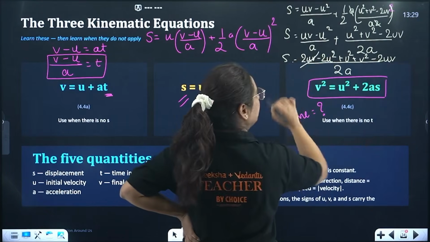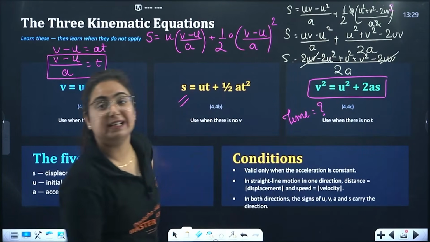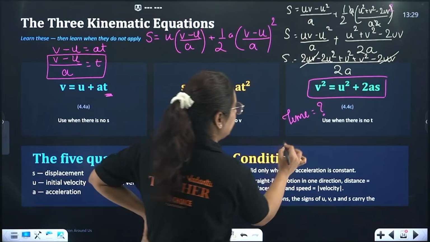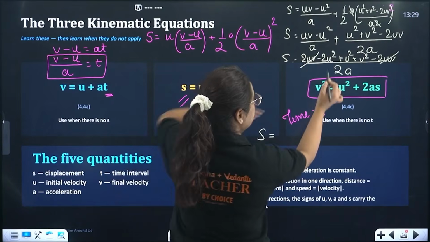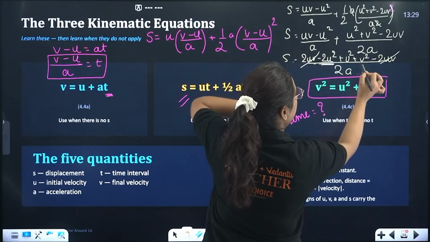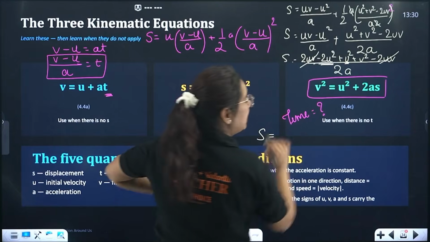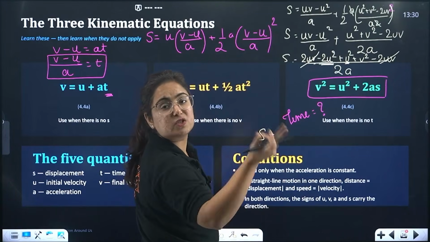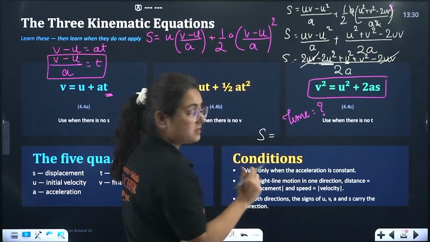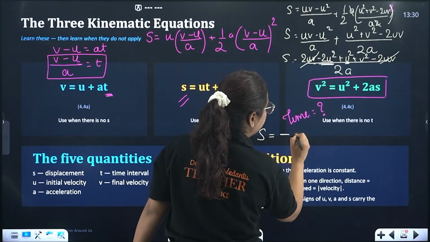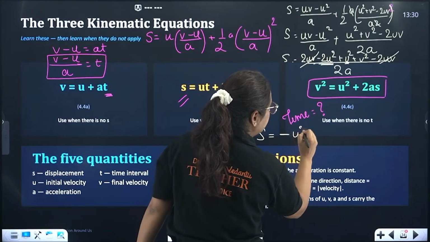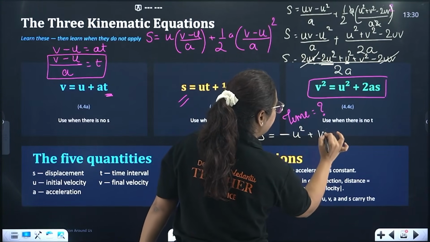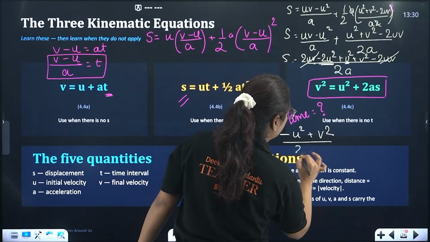This plus 2UV and minus 2UV get cancelled. Now what is remaining? S equals minus 2U square plus U square, that is minus U square, plus V square, upon 2A.